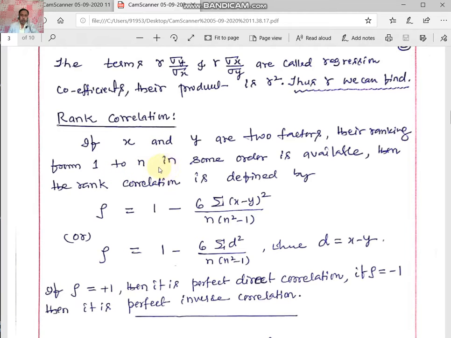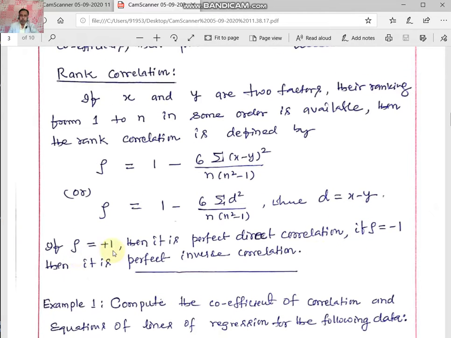Then the correlation between these ranks is called rank correlation, and it is given by rho equals 1 minus 6 times sigma x minus y whole square by n into n square minus 1, or rho equals 1 minus 6 times sigma d square by n into n square minus 1, where d stands for the difference of two values, that is x minus y.